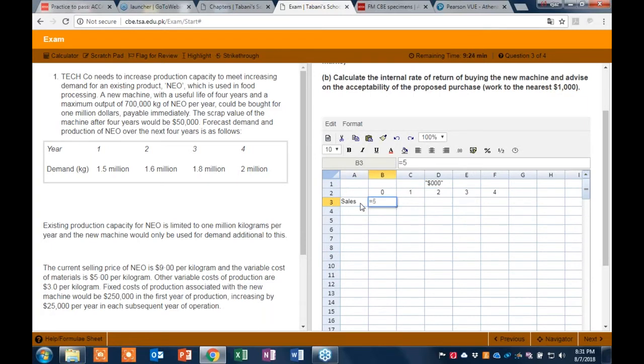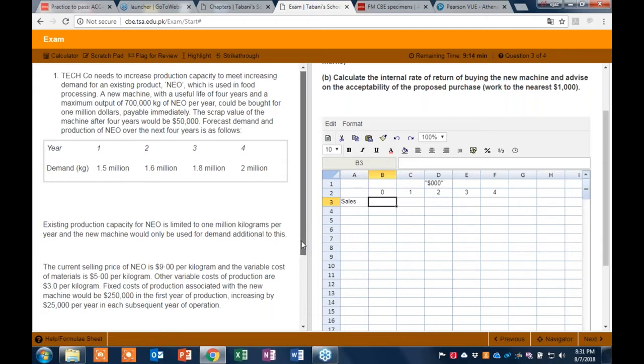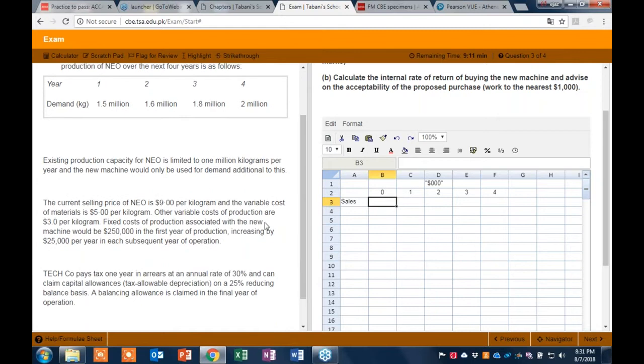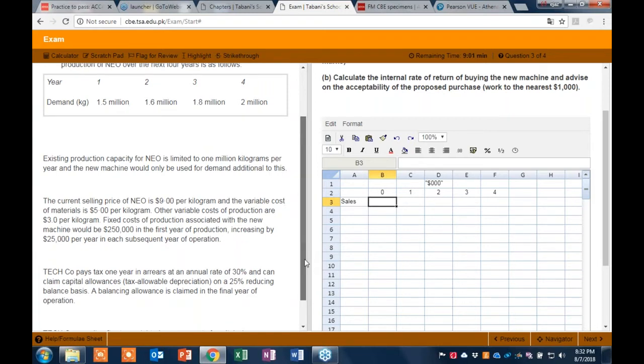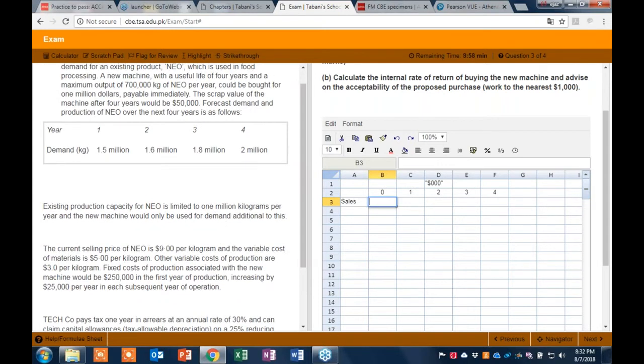The incremental sales will be 500, as we have already discussed. 500 into price per unit. The selling price of Neo is 9 per kilogram. Other variable cost of production are 3 per kg. Fixed cost production with the new machine would be 250,000 the first year production, increasing by 25,000. So there is no increase in the variable cost per unit or in the price per unit. So I will write 500 into 9. So 4,500.